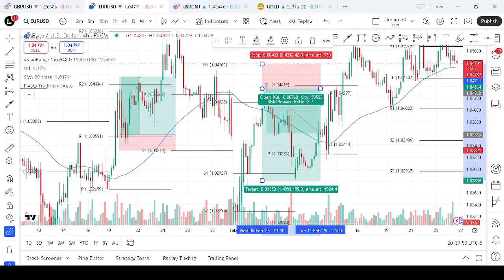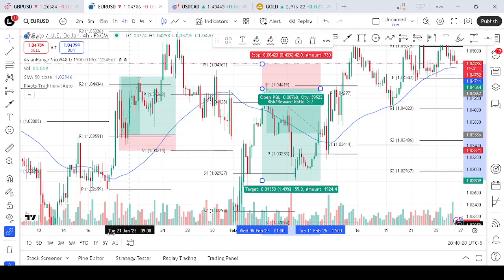It gives us more confidence in our trade, keeping in mind that the market condition can change rapidly. So always prepare for volatility and adjust your plans accordingly.